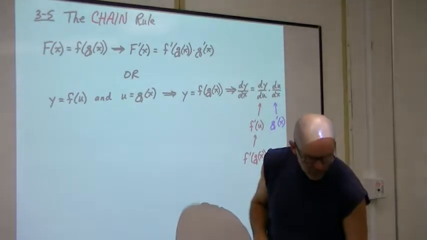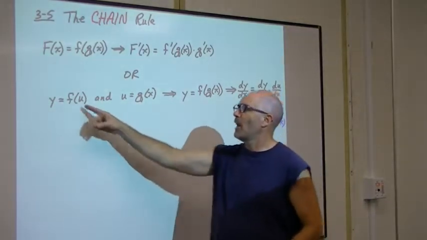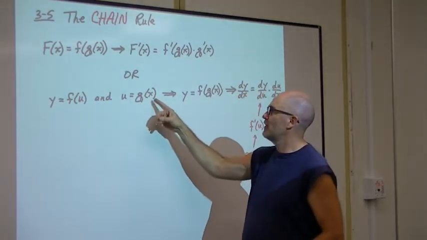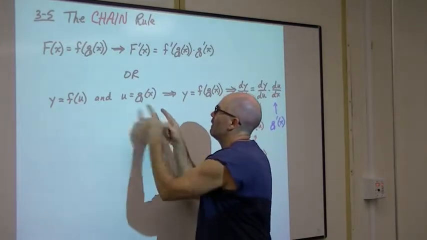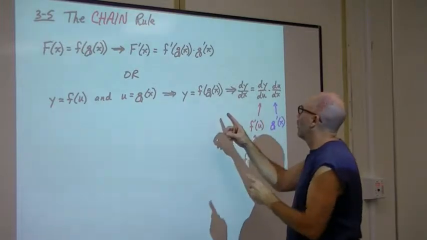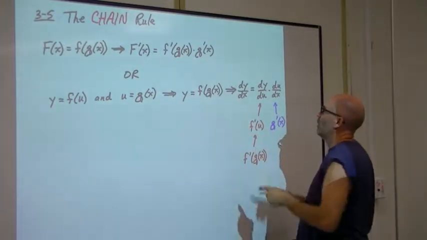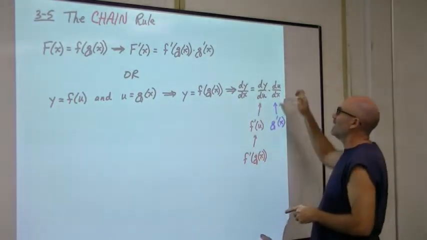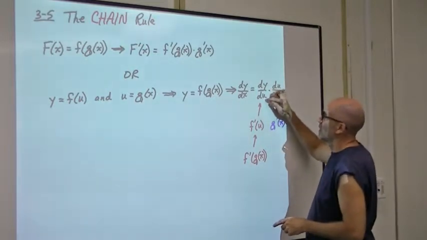Now, another way of thinking of this is if y equals f of u. Okay, so y is f of u, and u is g of x. So notice y equals f of g of x. So if I want the derivative of y with respect to x, then I need the derivative of y with respect to u.